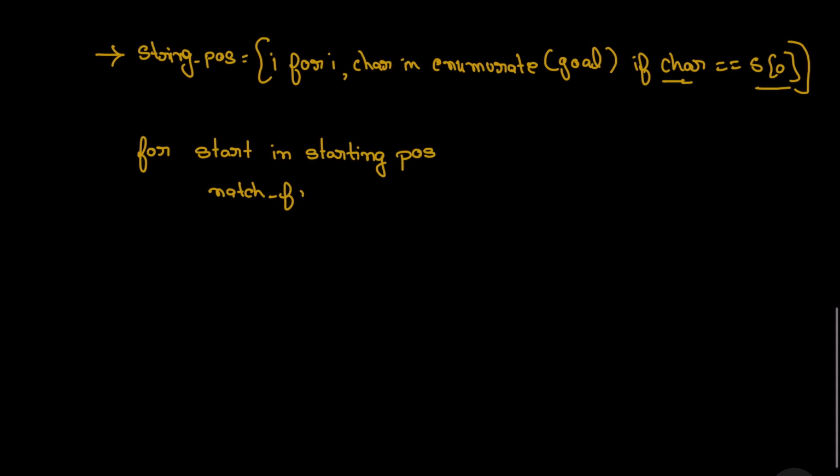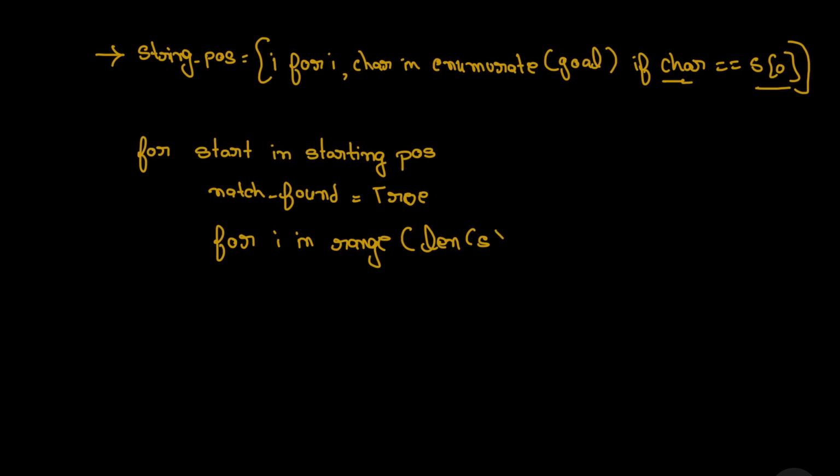Initially, I have a variable match found, and its value is set to true. In between, wherever we see this is not matching, we'll just return false. Now here, let me do an inner loop for I in range of length of S, because in the inner loop we want to iterate over the entire S.